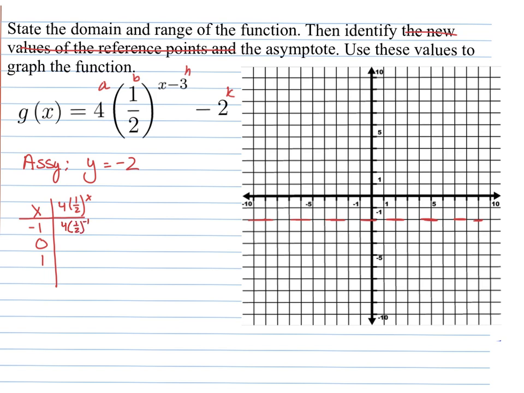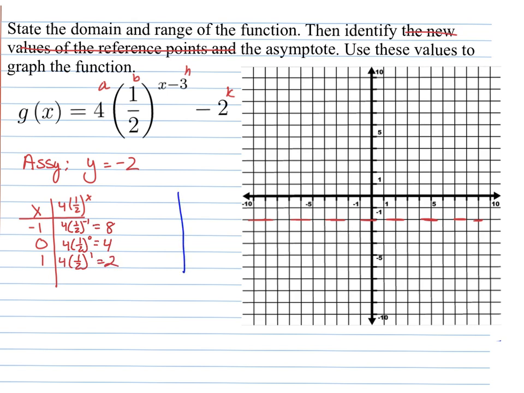That's going to be 1/2 to the -1 power is 2. 2 times 4 is going to be 8. 1/2 to the 0 power is 1, 1 times 4 is 4. And then to the 1 power, that's going to be 1/2 times 4, which is just 2.